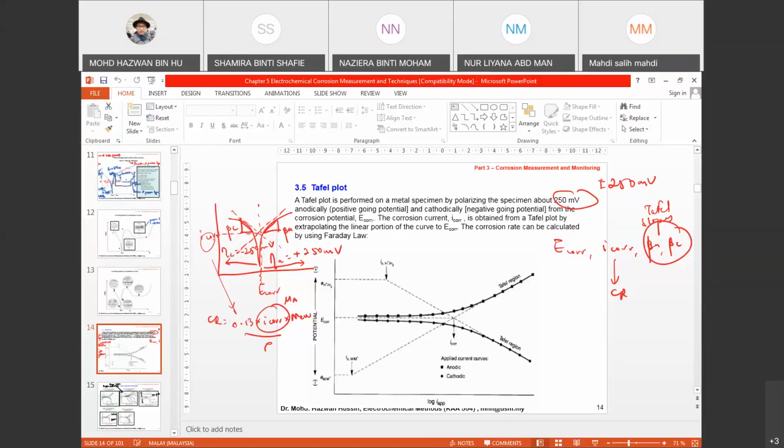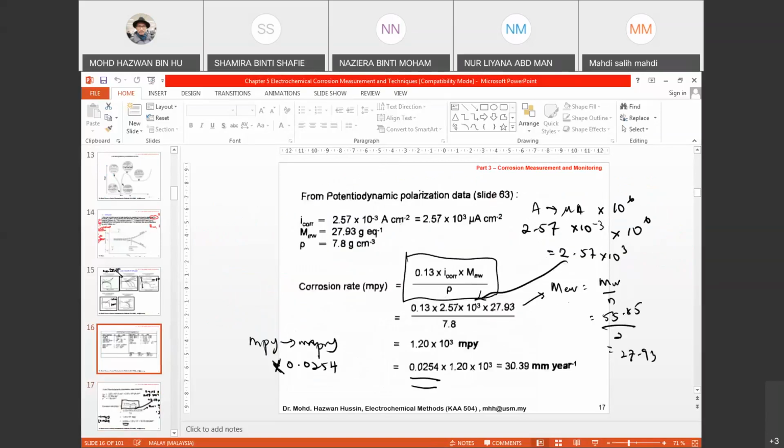This will be secondary. After you get the I corr, you can calculate the corrosion rate based on the formula. Corrosion rate in MPY is equal to 0.13 multiplied by I corr in microamperes multiplied by equivalent weight over density.